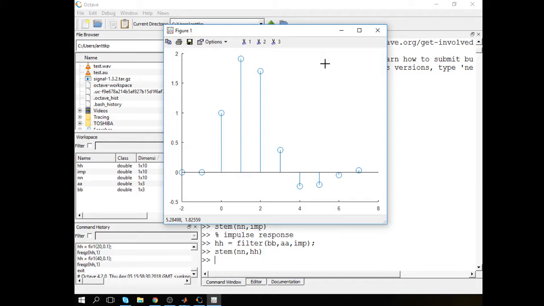If there is anything after the nth delay, where n is the order number, then it's IIR. The feedback itself doesn't guarantee that the system would be IIR. The feedback doesn't say anything about it.